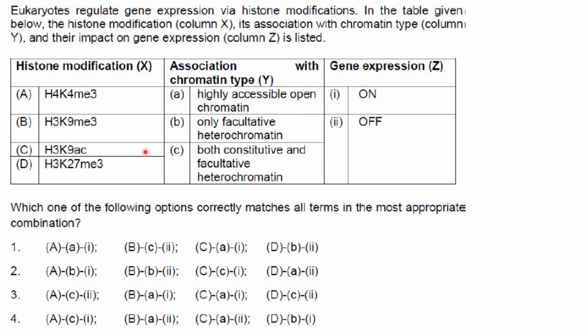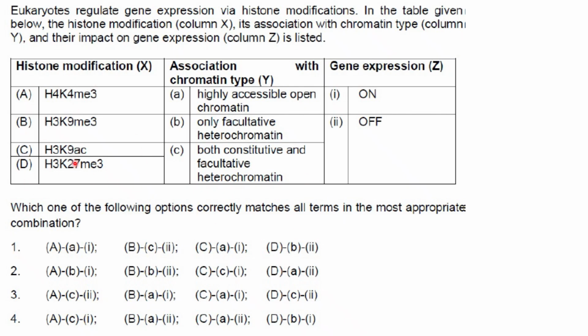That is, in case of some methylations, the DNA will remain in the heterochromatin state, and it will not be accessible to the transcription machinery, and gene expression will be off.